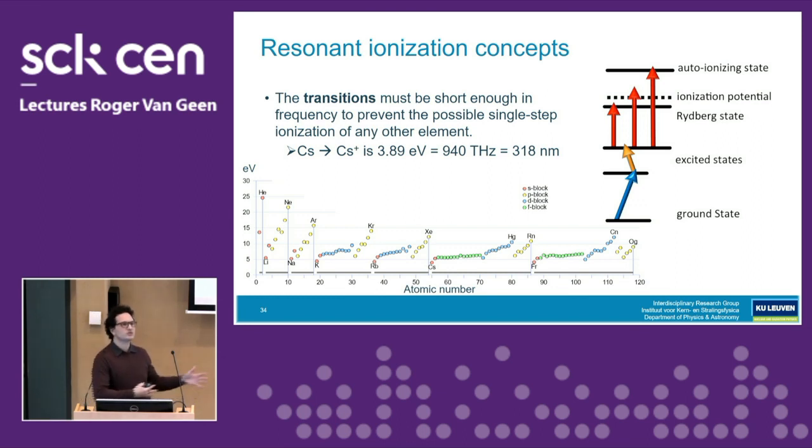If you go into those very deep UVs, you might just blast electrons away because you give them enough energy. And if you look, I took for you what the lowest ionization energy was. That's that of cesium, and it comes to 3.89 eV, 940 terahertz, or 318 nanometers. So ideally, you want to target transitions that are above that because you want to avoid producing anything non-resonantly if you can.